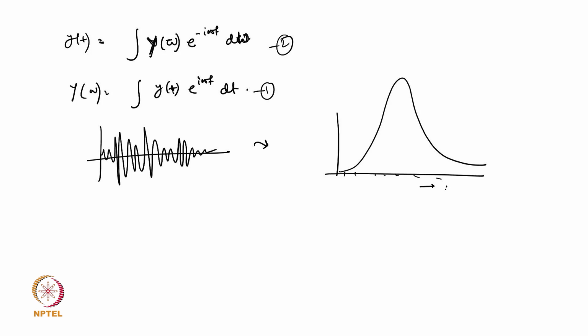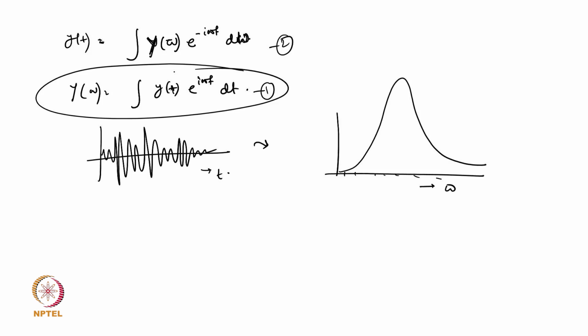Here the x-axis is frequency, here the x-axis is time. That conversion we can do by this function, the Fourier transformation. We have all the nodes, and if we put them in, we can get that type of graph. This process is known as FFT, fast Fourier transform, and this is known as IFFT, inverse Fourier transform.